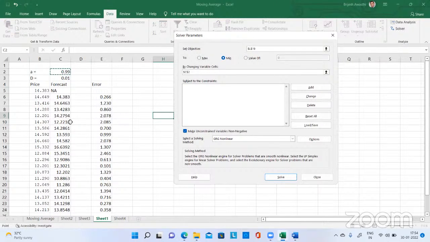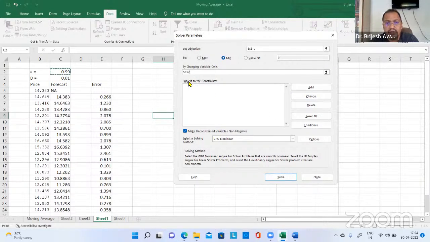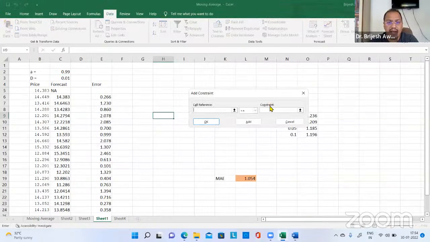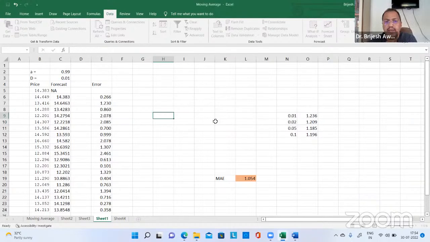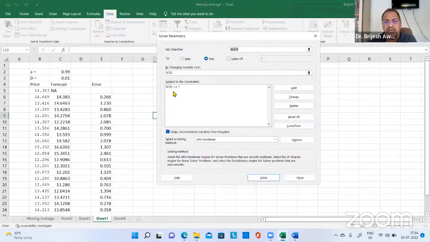And subject to the constraint, we have to give some constraint, so I click on add. The constraint is that this value must be less than or equal to 1. Yes or no? Yes, sir. Click OK. We got the constraint now. And just click on solve.